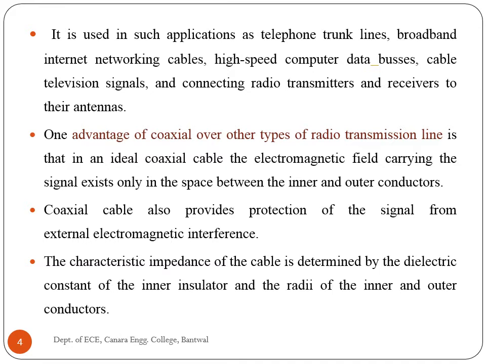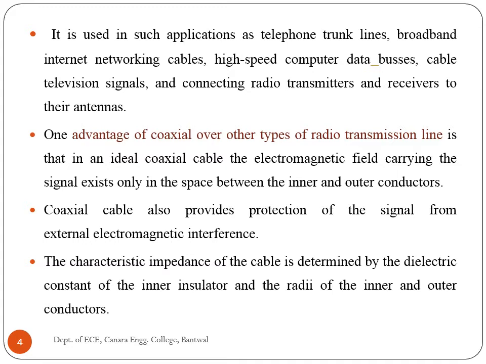This allows coaxial cable runs to be installed next to metal objects such as gutters without the power losses that occur in other types of transmission lines. Coaxial cable also provides protection of the signal from external electromagnetic interference.